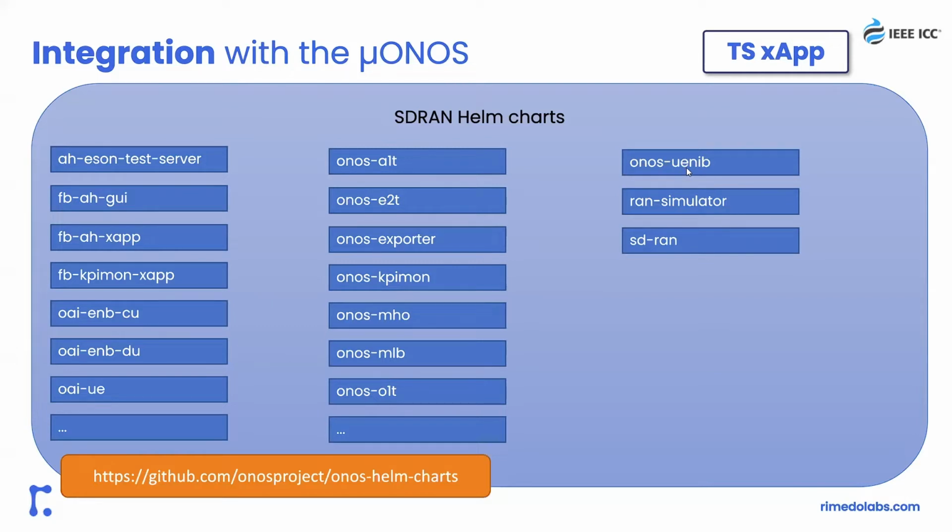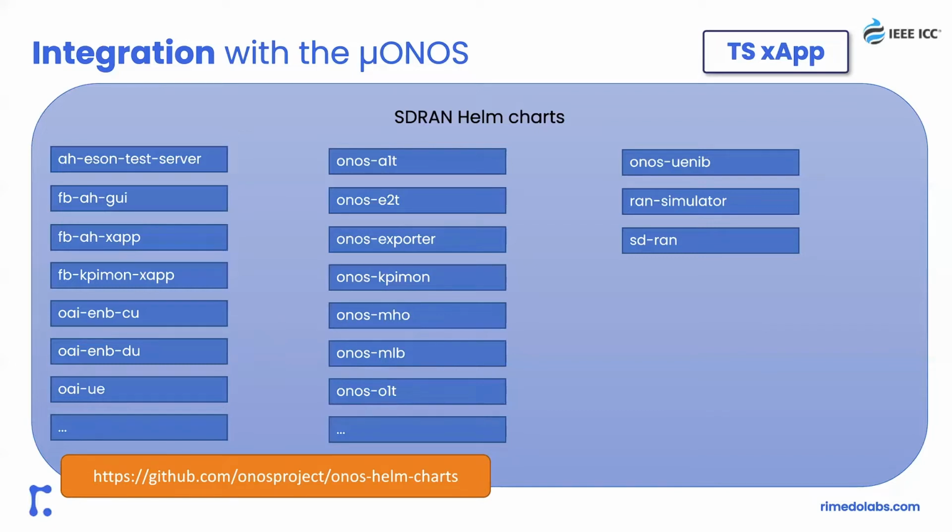We have also, for example, ONOS KPIMON, which is simply an application which collects all KPIs. We have also, for example, ONOS MLB, so mobility load balancer, and so on.